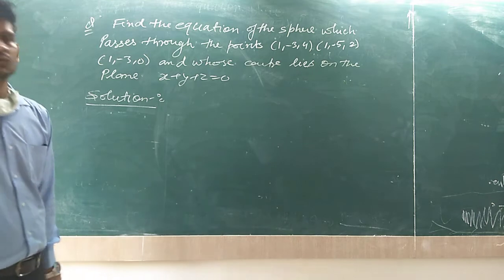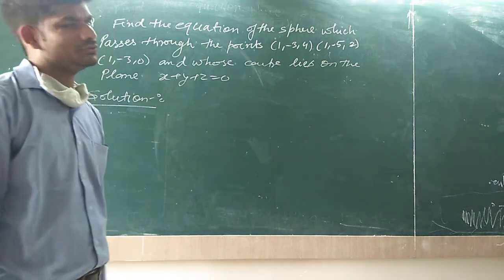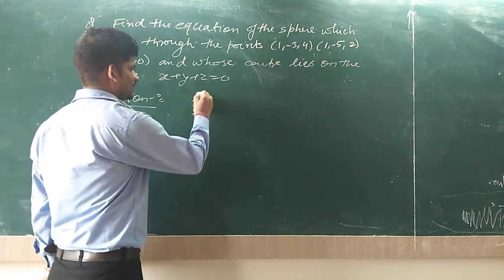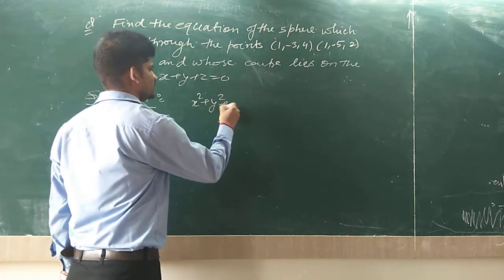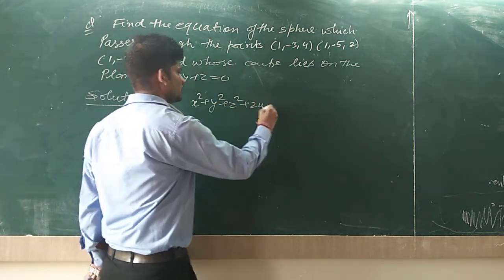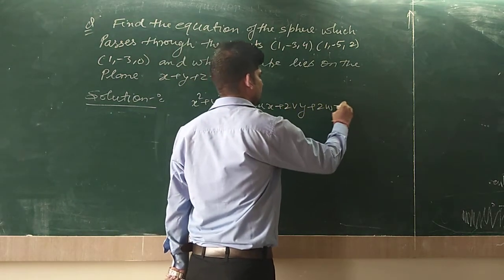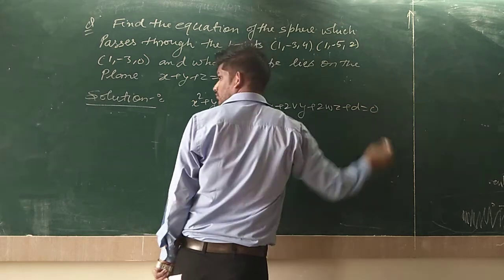the sphere passing through more than one point, so using the general equation of the sphere x square plus y square plus z square plus 2ux plus 2vy plus 2wz plus d equal to 0.